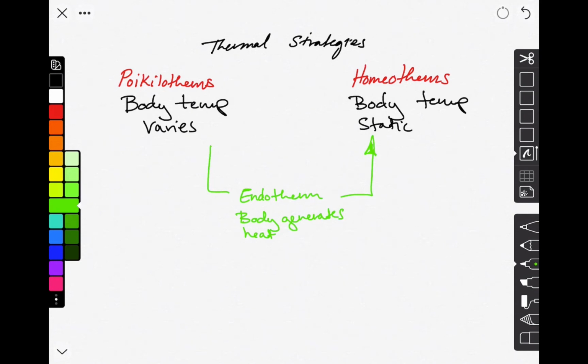The other category is going to be an ectotherm. And in these guys, the body heat is determined by the environment.